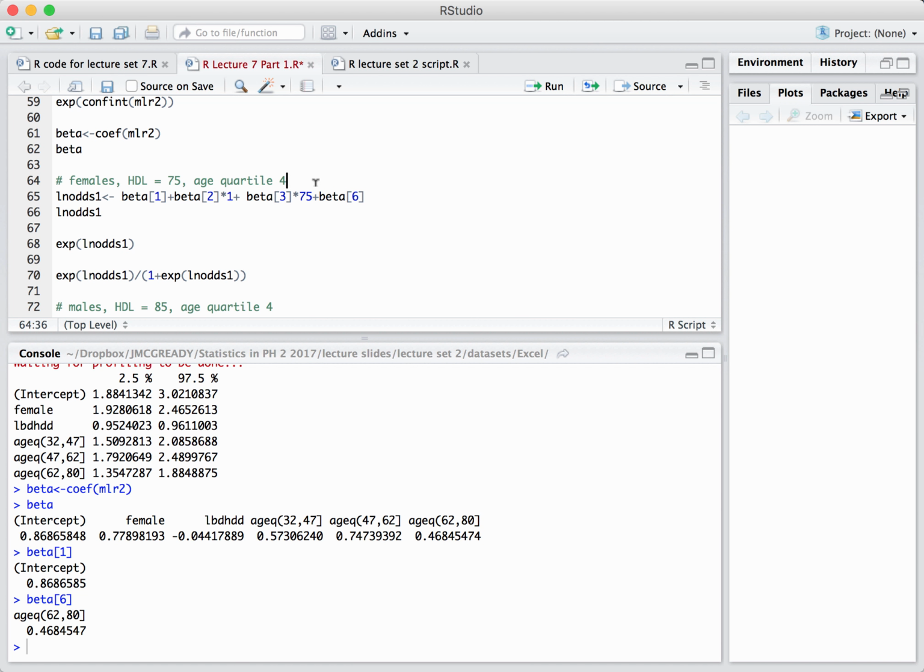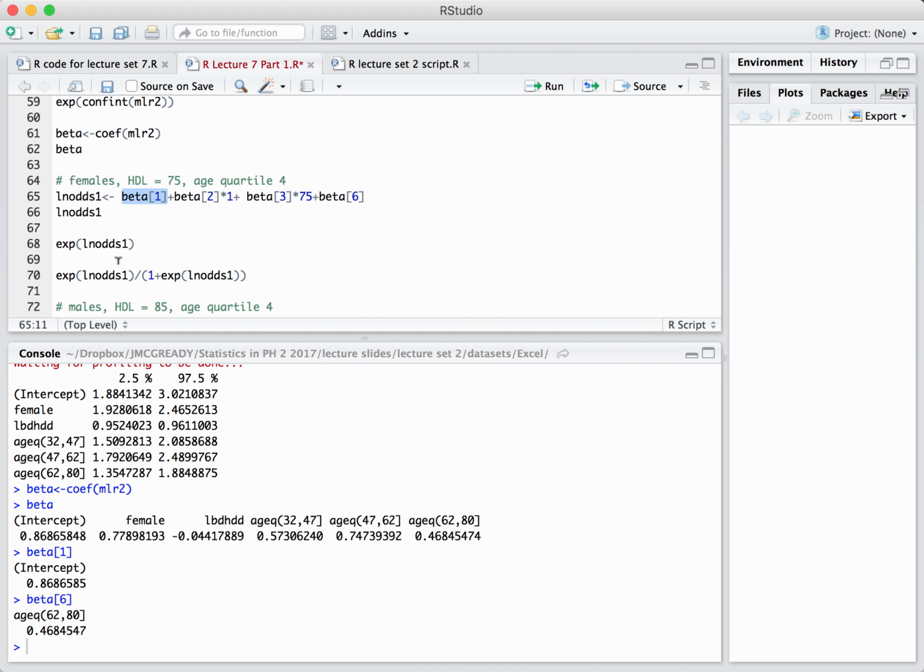So if I wanted to estimate the proportion of females with HDL of 75 who were 65 years old and hence in age quartile 4, the proportion who were obese, I could estimate the log odds first by just taking the appropriate linear combination of the intercept and slopes and x's from this model.